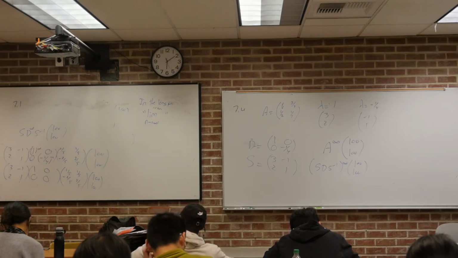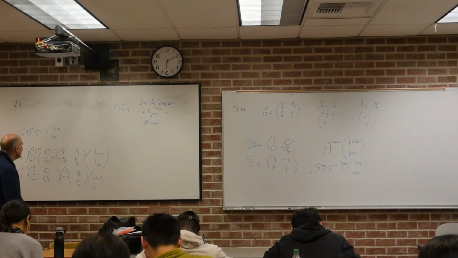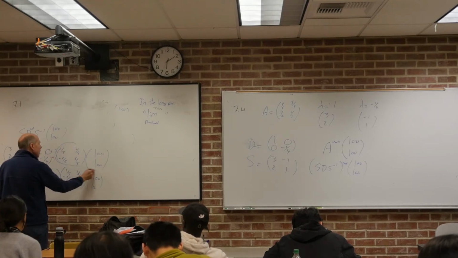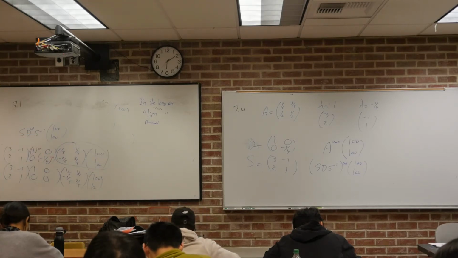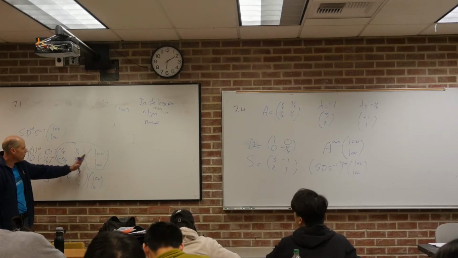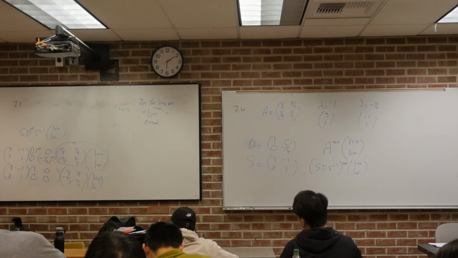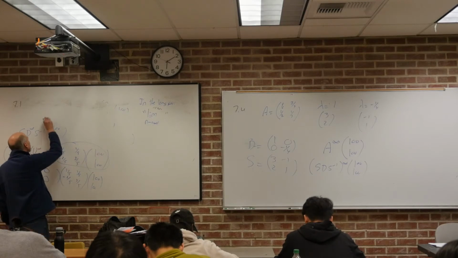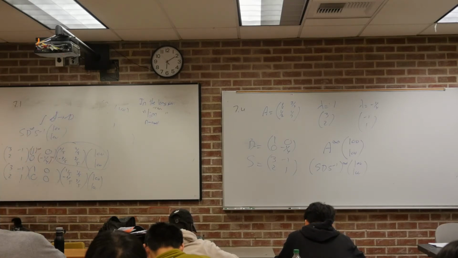And if I multiplied this mess out, which actually isn't that bad. What's happening when I do this multiplication? This is the S inverse times the original. What am I doing? Converting from the standard basis to the eigenbasis. Very good. So remember that the S inverse is the S to B transition matrix.